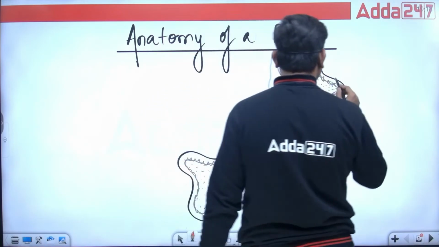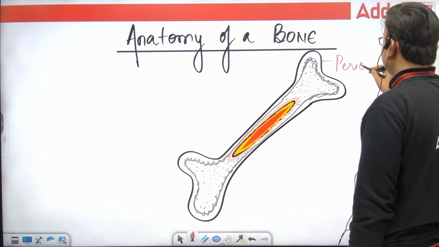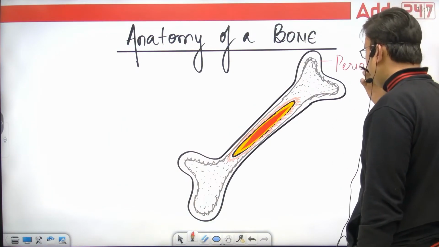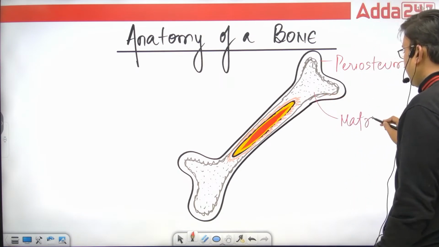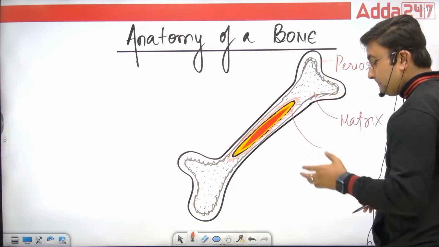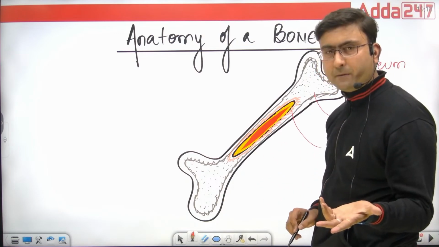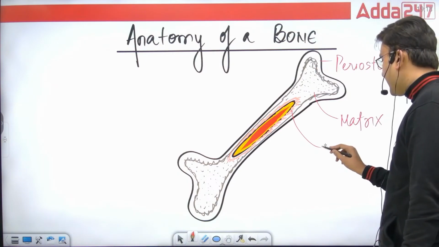What is that? The outermost spongy part is called periosteum. Then we have matrix, आव्यूह जिसे कहते हैं in Hindi. Third, we have this semi-solid form of calcium and magnesium phosphate, that is endosteum.